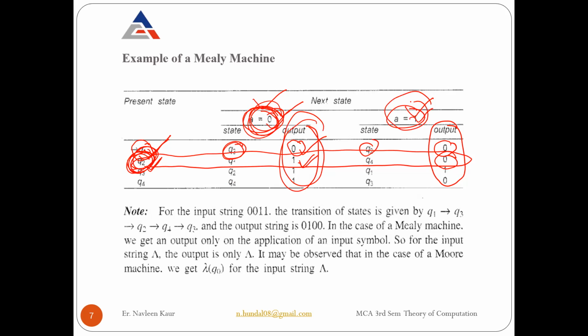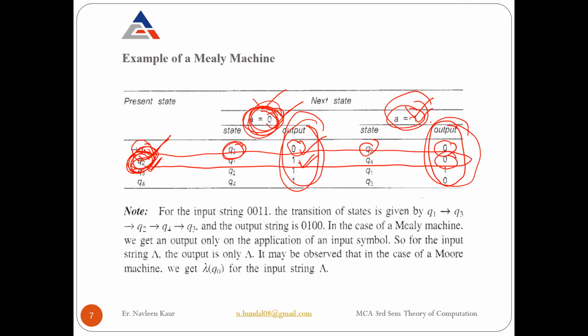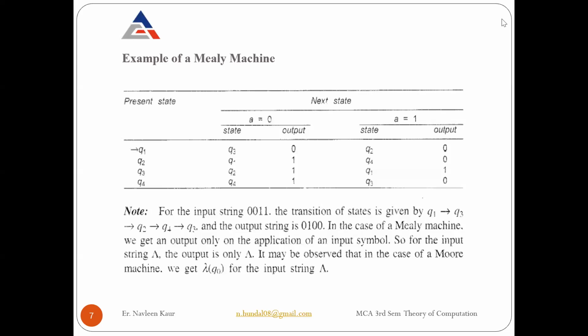If it is 1, a different output is generated, which was not the case with the Moore machine. With Moore machine, only different states were generated, output was the same. Here, different states are generated like Moore, but outputs are also different. This is clear now? I hope it's clear now.